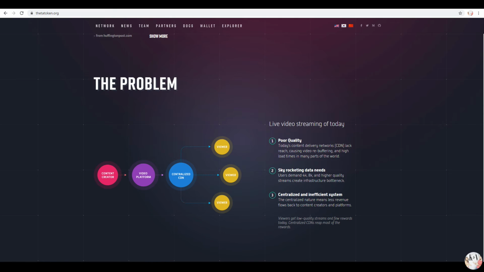And points one and two are very connected, about the quality of the data, and as a result it turns into a very bad experience for the creator and for the consumer. And what I see that is very important for all the YouTubers, all the creators out there, including us, is the centralized and inefficient system.